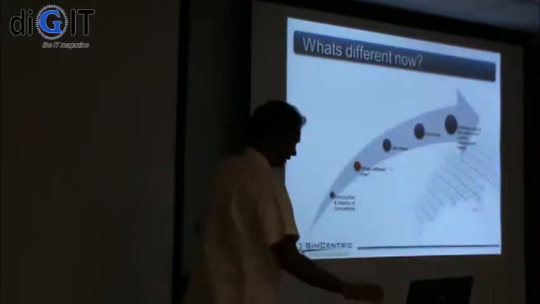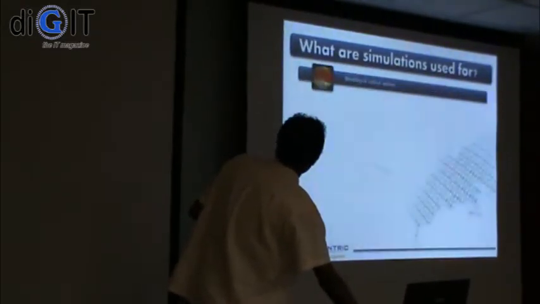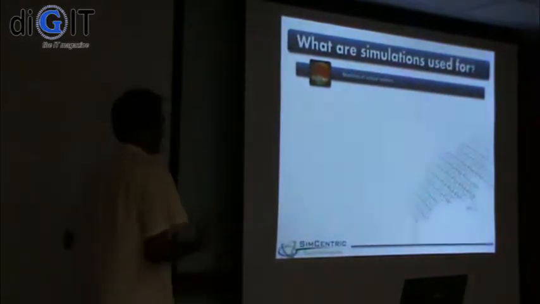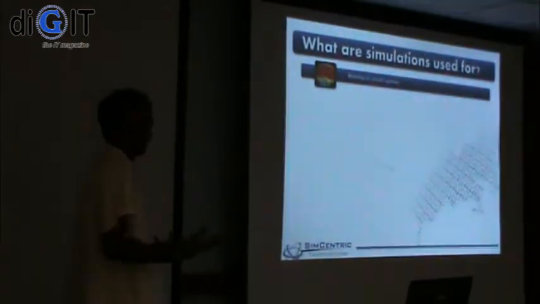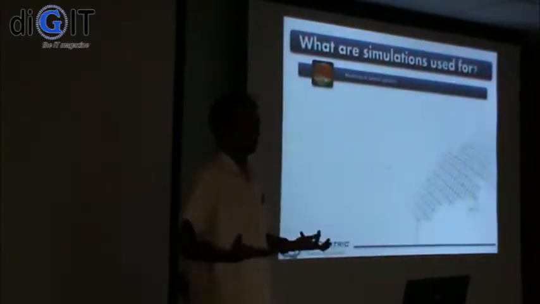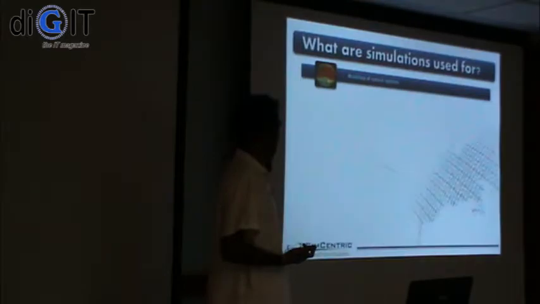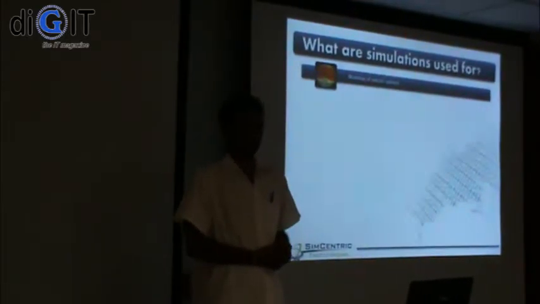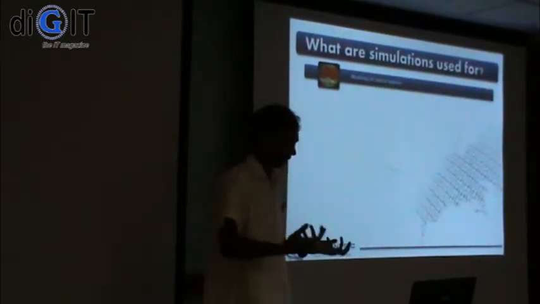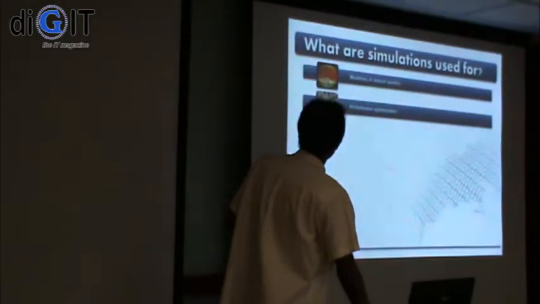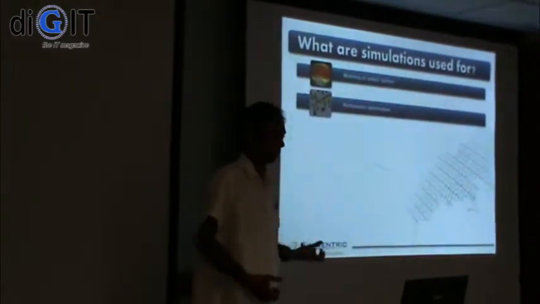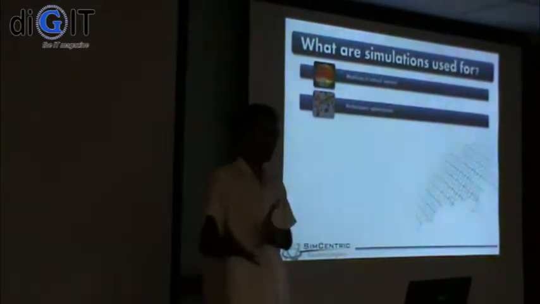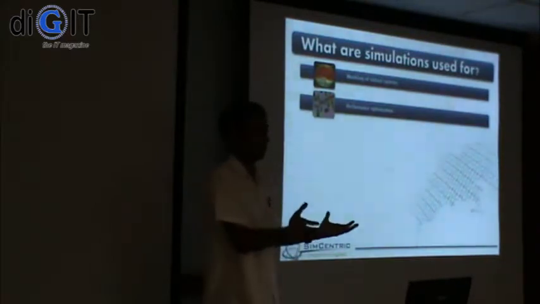So what's different now? The main difference is that with better simulation systems, you can do lots and lots of things. You can model natural systems like weather systems and planetary systems. You can do performance optimization: you take something that's already done in a certain way, simulate it, and figure out a better way to do it.